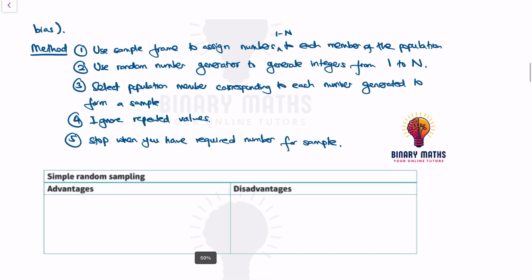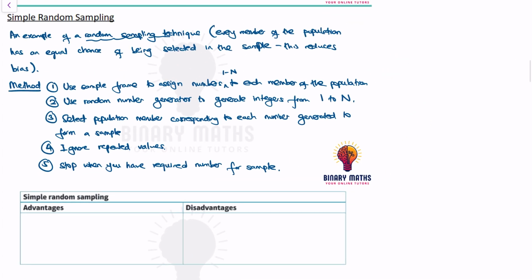Now this process has obviously advantages and disadvantages. So the advantage is it's free of bias because everyone has an equal chance of being selected.